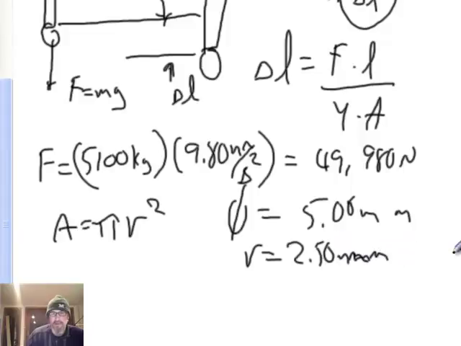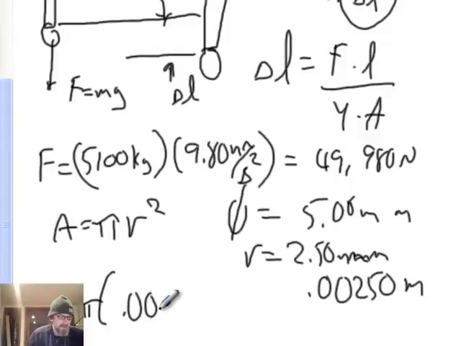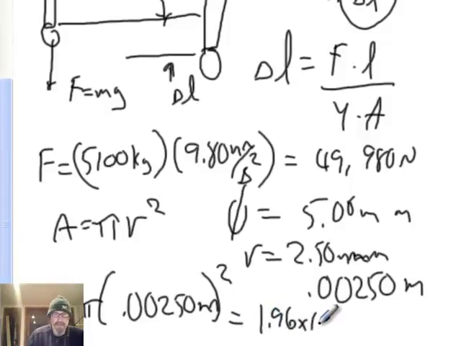And to keep our units all consistent, that would be 0.00250 meters. That's radius. So our area is pi times 0.00250 meters, and that quantity squared. The area turns out to be 1.96 times 10 to the negative fifth square meters.